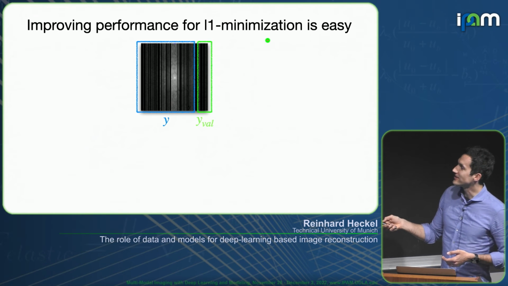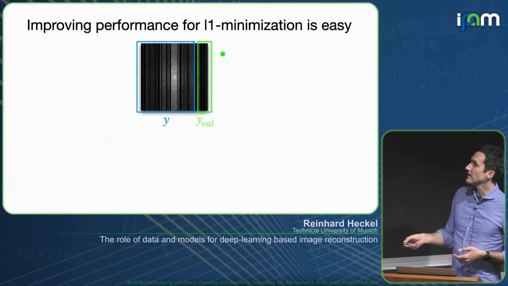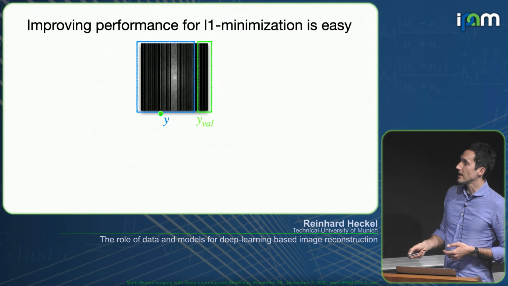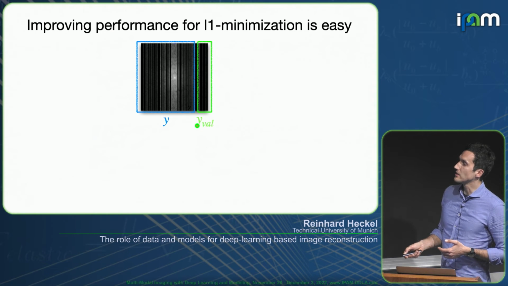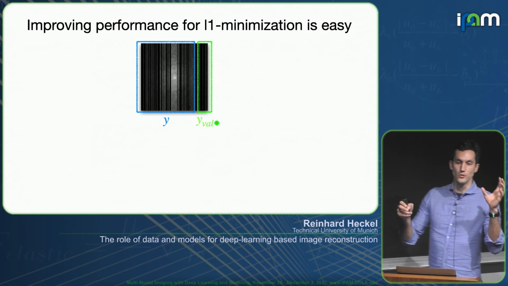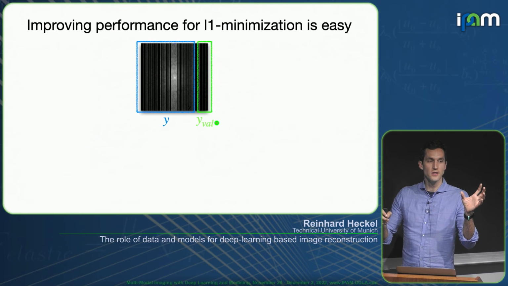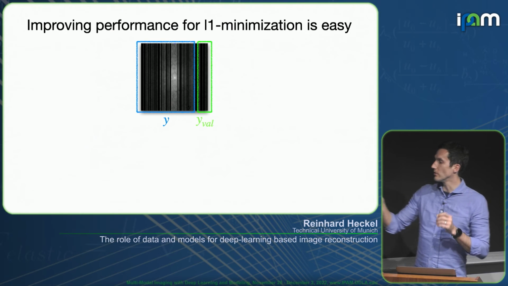Well, you can just take your data, right? You split it into Y, let's say, and you take a tiny part of the frequencies and denote that as Y validation. So you split it into a set of frequencies that you use to reconstruct and a validation set.